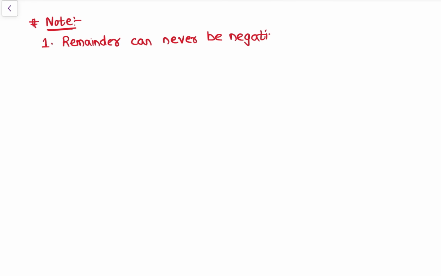So put a note and write: the first fact is, remainder can never be negative. कभी रिमाइंडर नेगेटिव हो ही नहीं सकता. या तो 0 होगा, या तो 1 होगा, 2 होगा, 3 होगा, so on. नेगेटिव नहीं हो सकता.